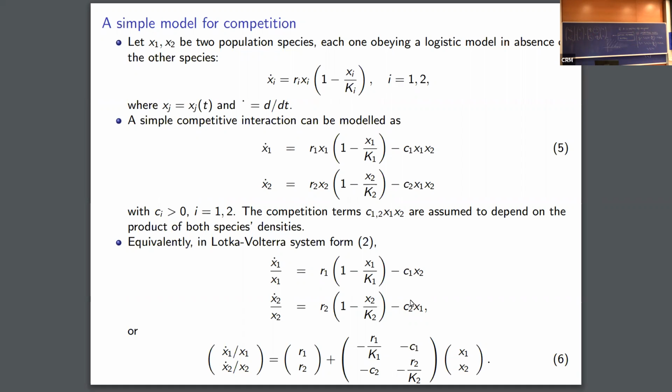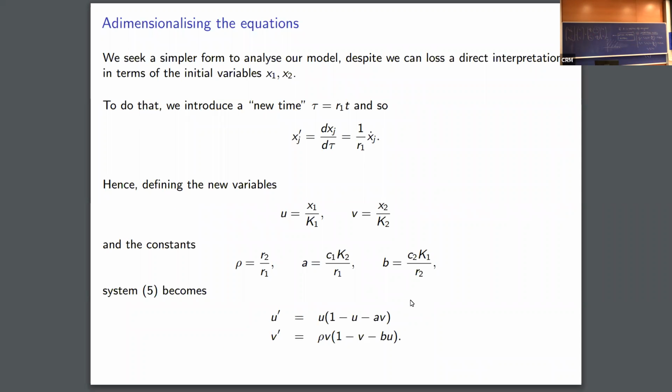Okay? So let's continue. Something which is very important, and is often done in ODEs but has no counterpart with maps, is to introduce new variables in such a way that my system becomes the simplest possible. Of course, be careful. If you do this, you lose the intuition of each variable.